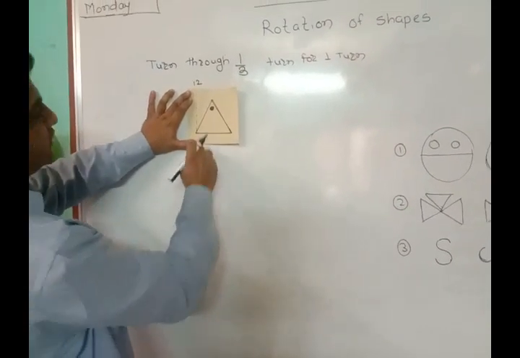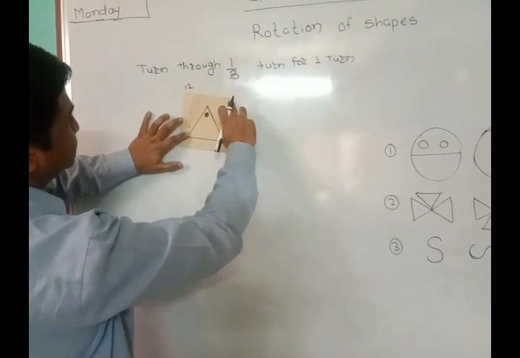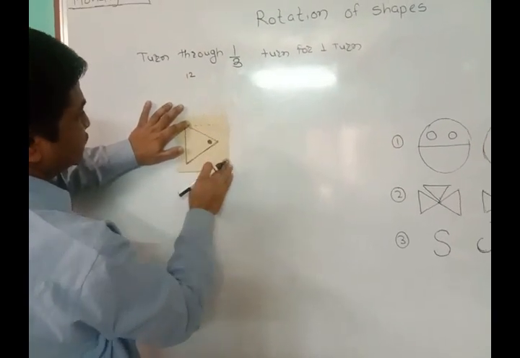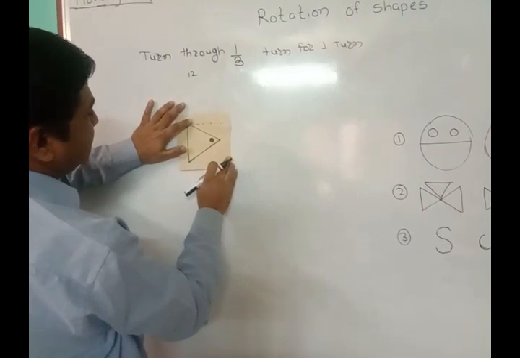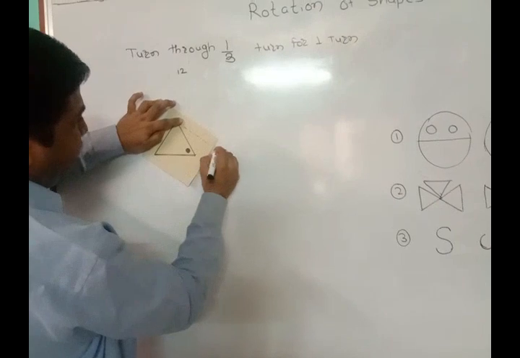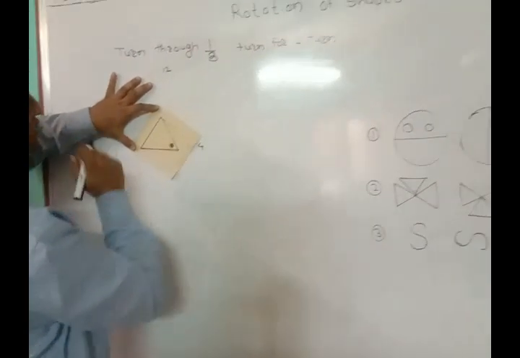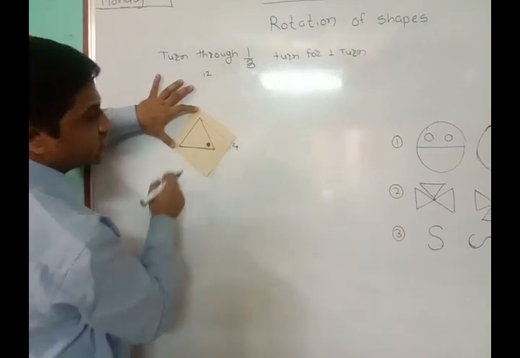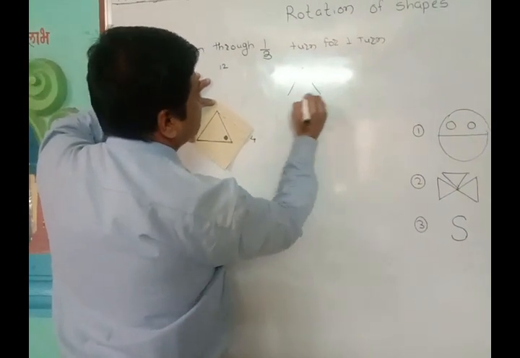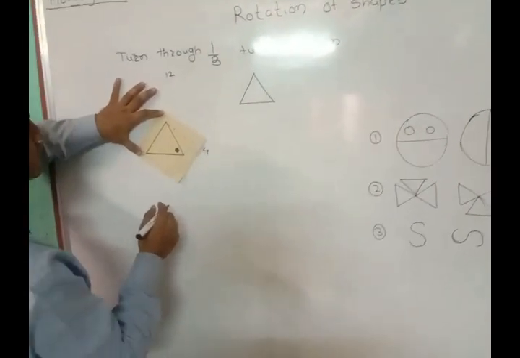So if I start to turn this triangle, this is our reference line from 12 to 3, that is 90 degree, and from 3 to 4 o'clock. So at 4 o'clock, we can see that the triangle takes its original shape. So the equilateral triangle is rotationally symmetrical.